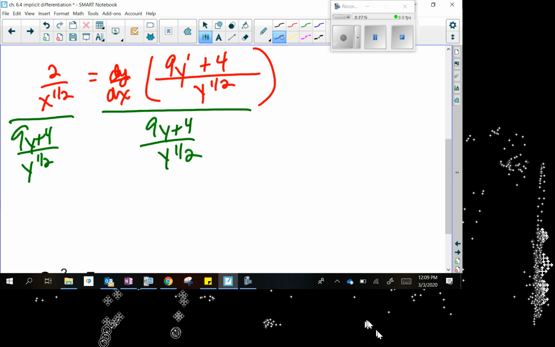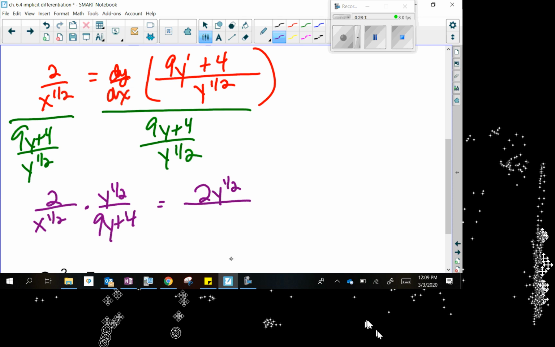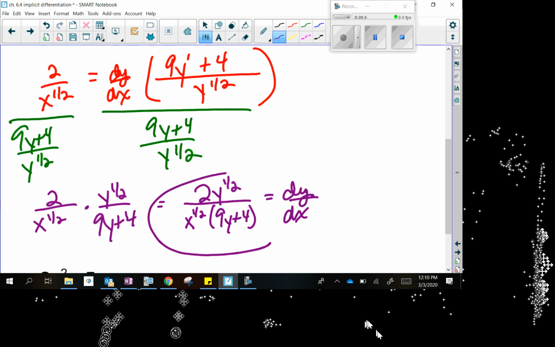So our final answer is actually 2 y to the 1/2 over x to the 1/2 times 9y plus 4. I prefer that, and you really do not have to distribute that x to the 1/2 inside.